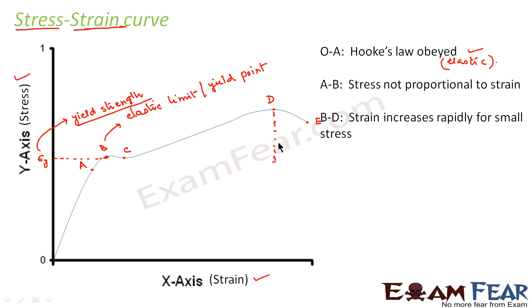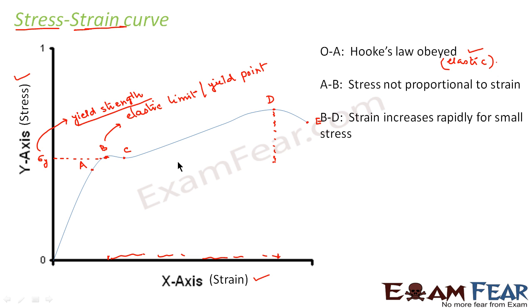This distance is the increase in stress. But what is the increase in strain? The increase in strain is from this point till this point, which is more than that of stress, right? So definitely this increase is more than this increase. So we say that from point B to D, the strain increases rapidly even for a small change in stress. That means if the stress is increased slightly, the increase in strain is more.